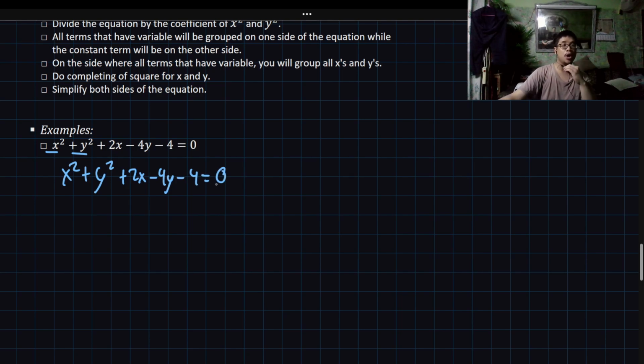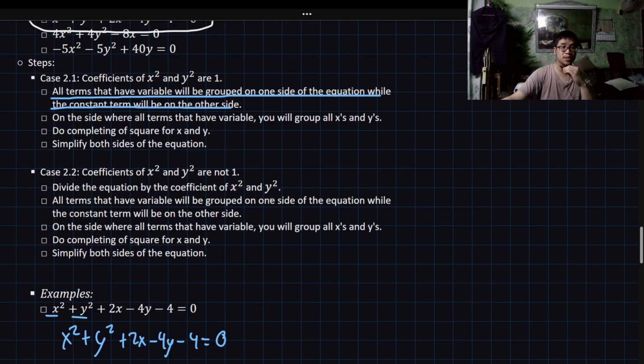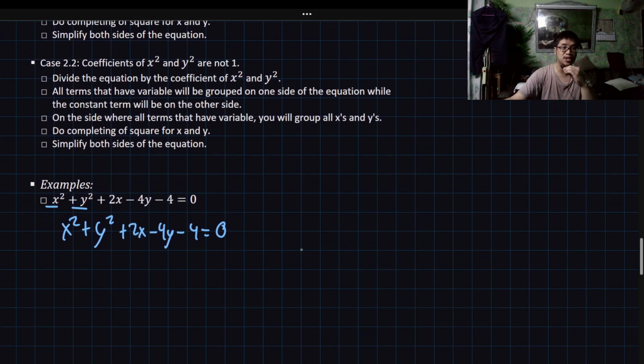Again, first step, all terms that have a variable will be grouped on one side. Meaning the ones that have letters will just stay on one side. So x squared, y squared, 2x, and negative 4y. Both of them have letters, so we will just leave them right there.